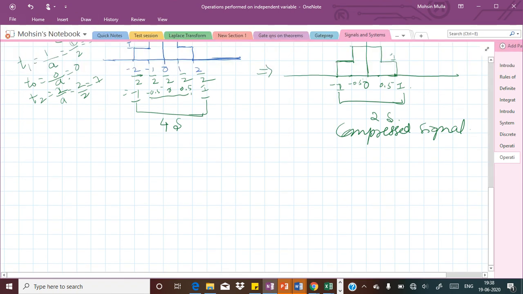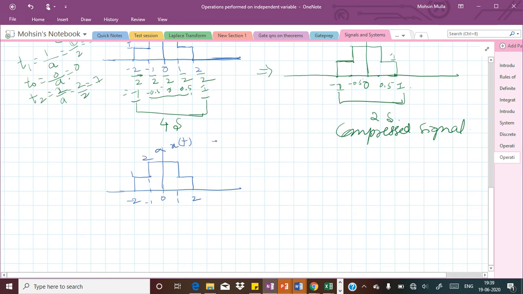So again I am going to take the same example here. I'm going to draw the same signal here. Okay, same x of t having exactly the same magnitude.